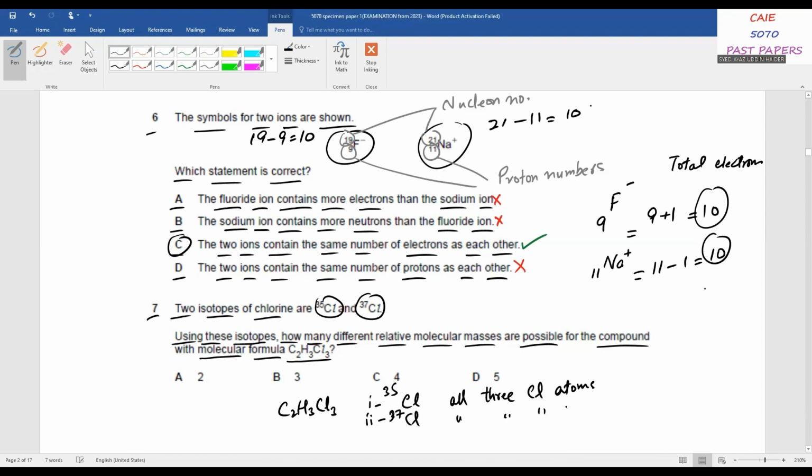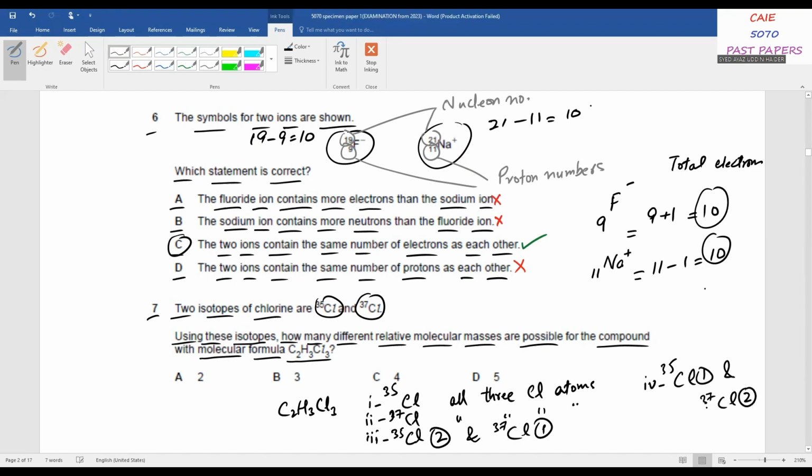Possibility number 3, you may have 2 Cl35 and 1 of Cl37. Possibility number 4, you have 1 Cl35 and 2 Cl37.